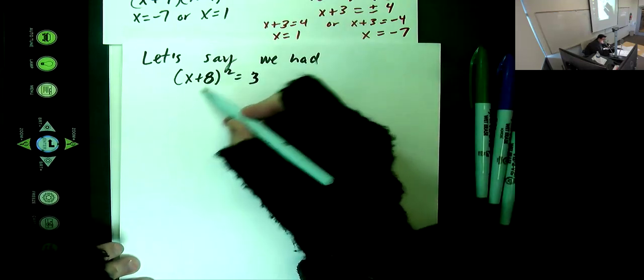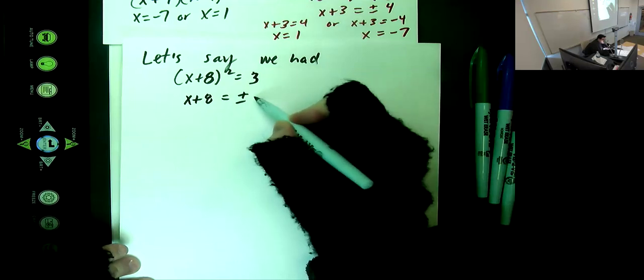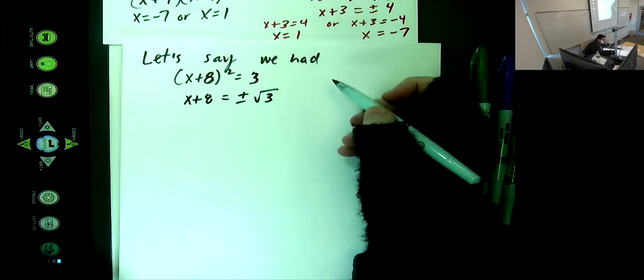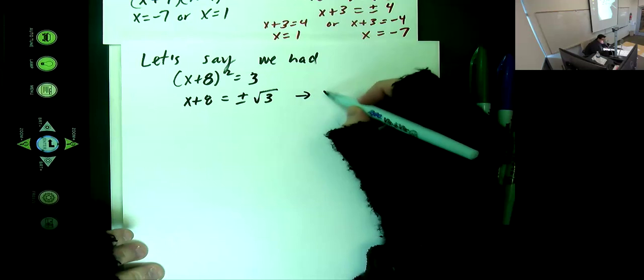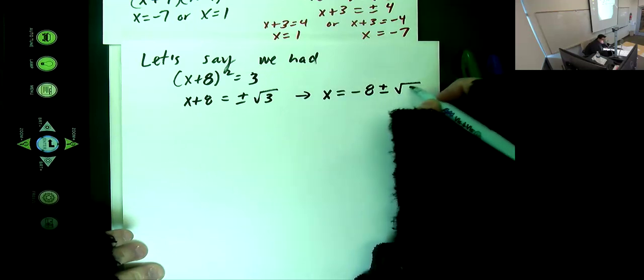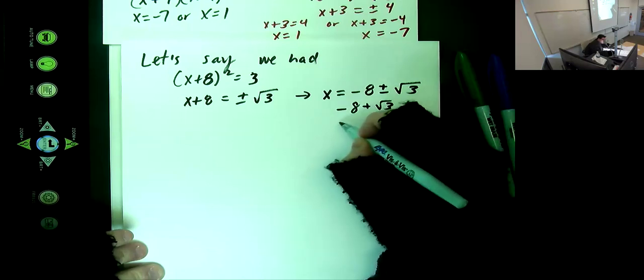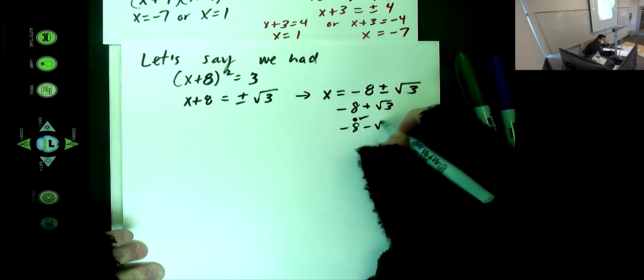Doing the same process, we would take the square root, and we would see that x equals -8 plus or minus the square root of 3, which is 2 solutions: -8 plus the square root of 3, or -8 minus the square root of 3.